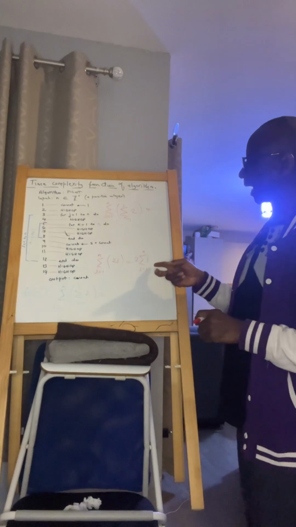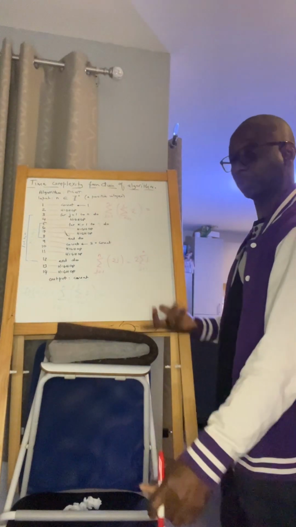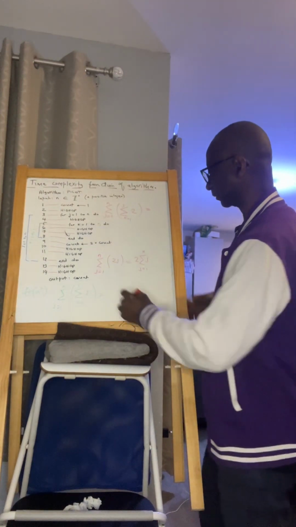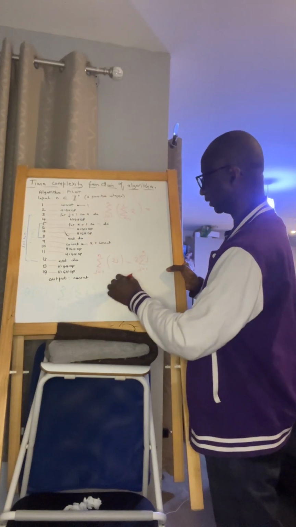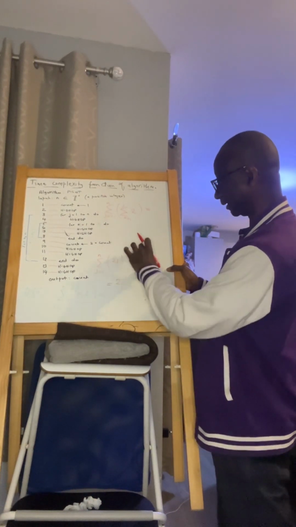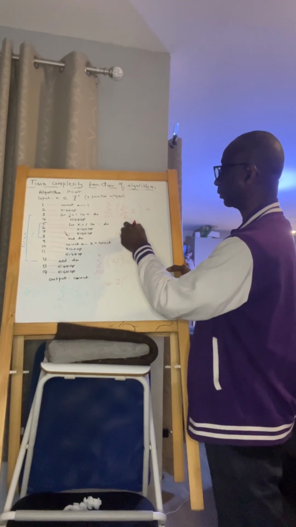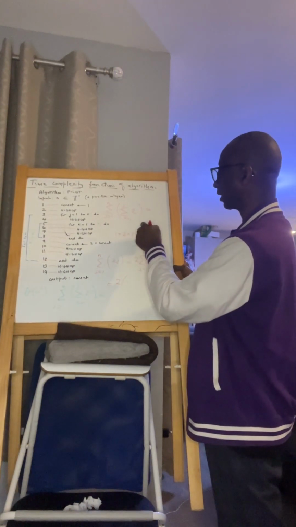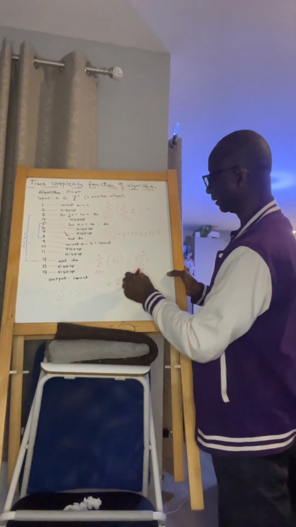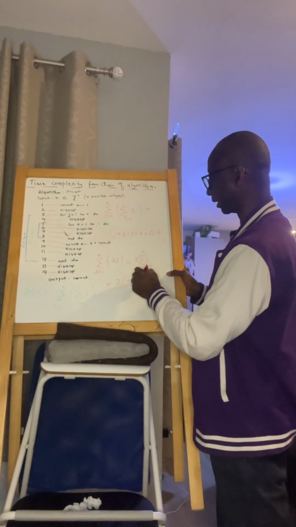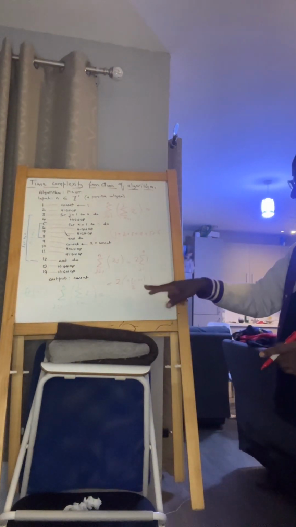This is telling us to add the first natural numbers: 1, 2, 3, 4, 5. We know that formula. If I ask you to add these numbers, the formula is n into n plus 1 all over 2.